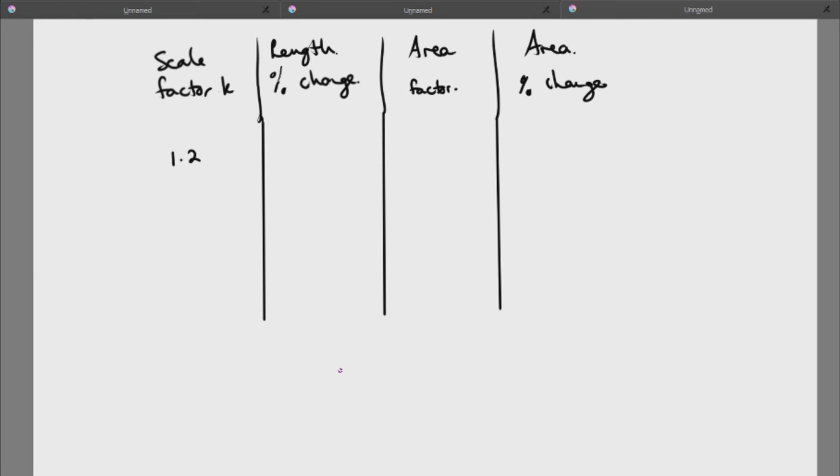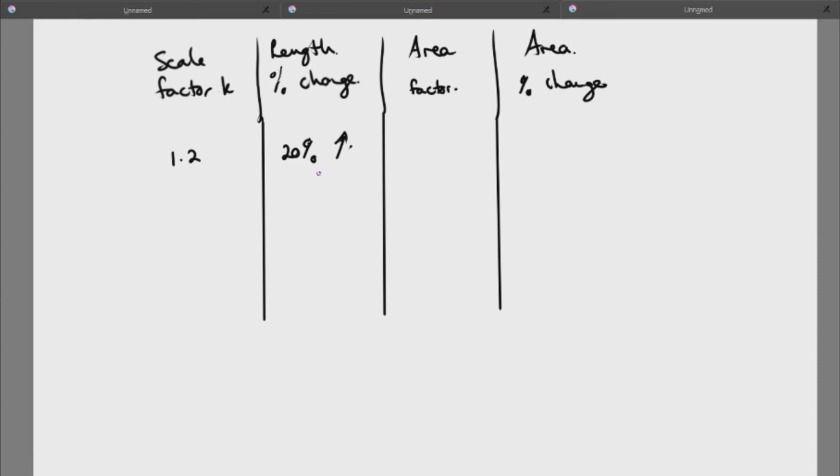First, I will interpret that 1.2 as a percentage change, and it is going to be 20%. I'll put an up arrow because I'm lazy, indicating which way it goes. 20% up, 20% down. It's up in this case. It's an increase.